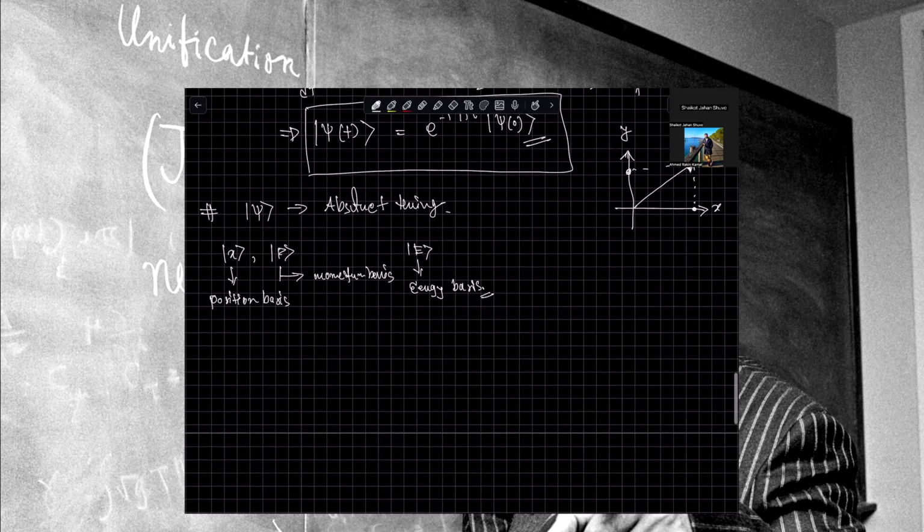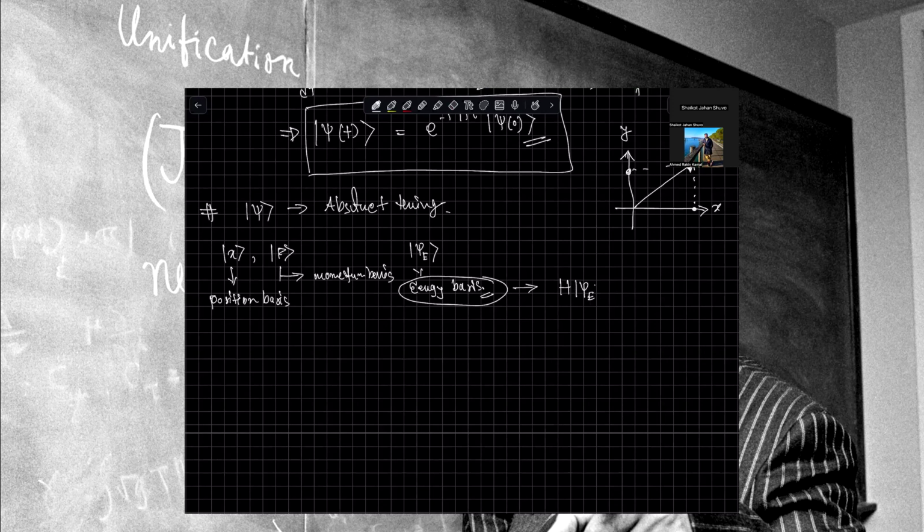The energy basis is pretty special, as you will see later on. We can define the vectors inside the energy basis as follows. This is bad notation, so let me write psi of E so that you understand this is the energy basis.